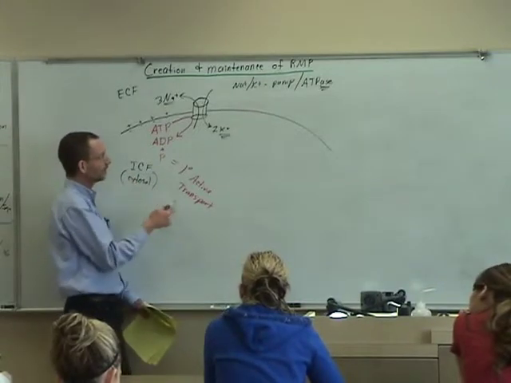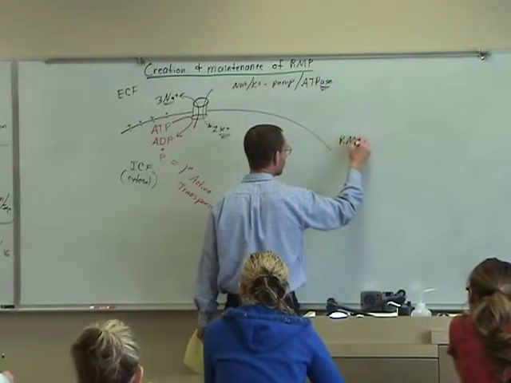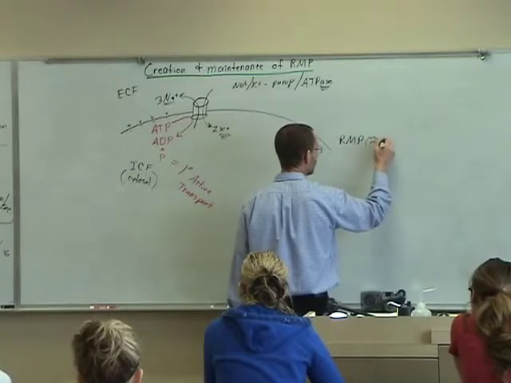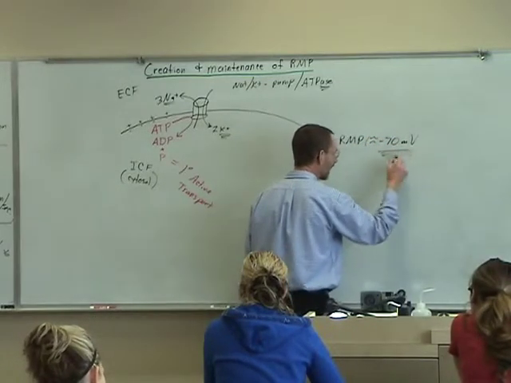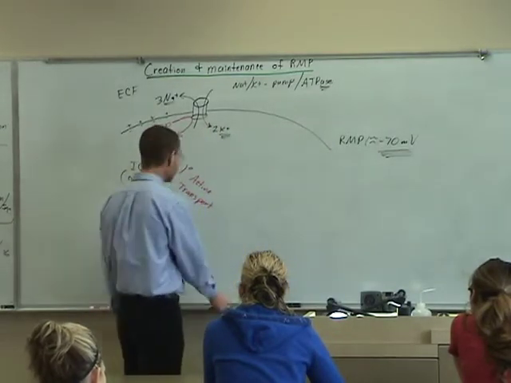Most of that minus 70 across the membrane, say approximately minus 70 millivolts, most of that minus 70 comes from potassium leakage.